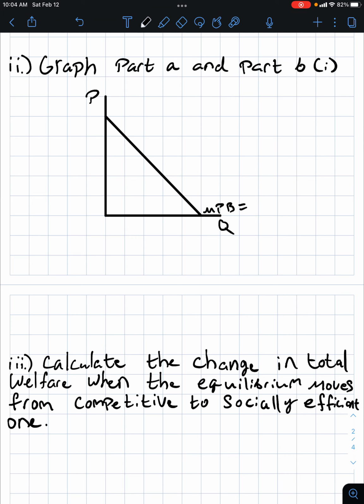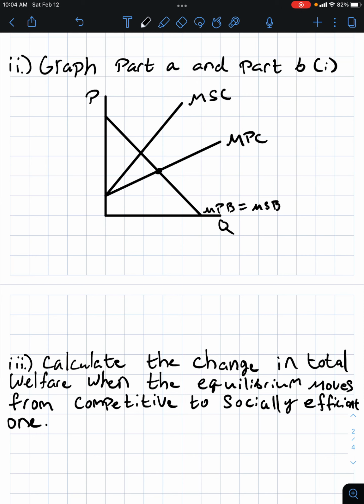This is our marginal private benefit, which is also equal to our marginal social benefit. And we're given a marginal private cost that is positive, and a marginal social cost that is also positive. So this is our marginal private cost, and this is our marginal social cost.